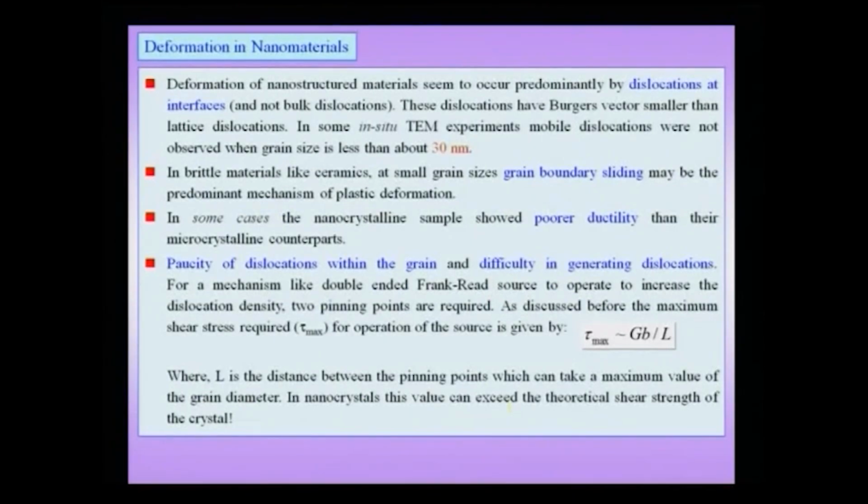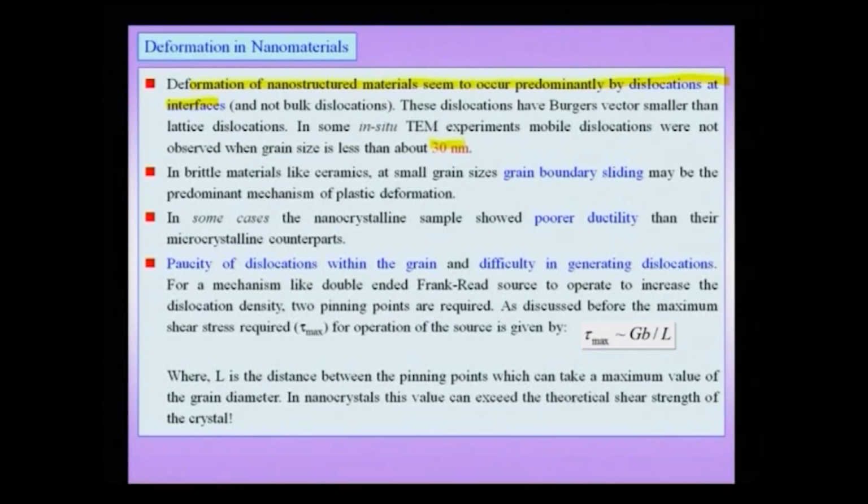So, if I talk about deformation of nanomaterials, we should notice that deformation in nanostructured materials seems to occur predominantly by dislocations at interfaces and not by bulk dislocations, and I am talking about a grain size of the order of about 30 nanometers or less.